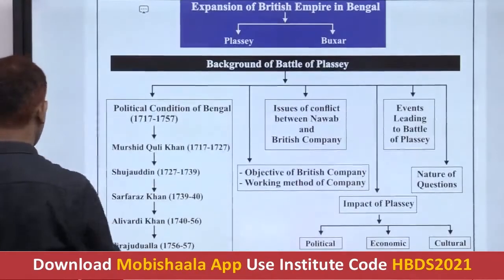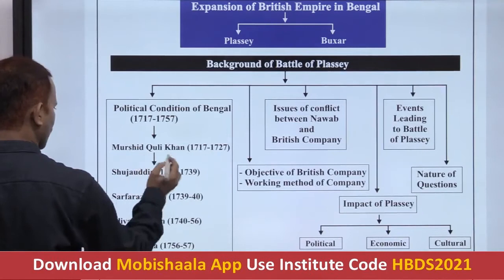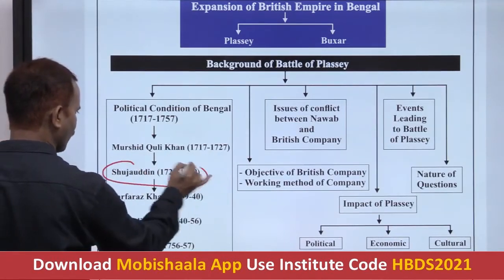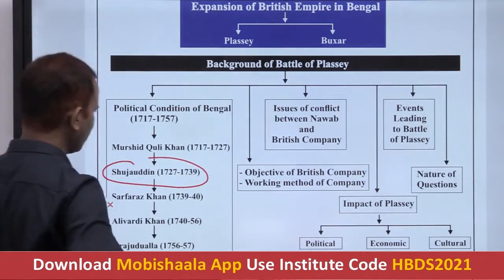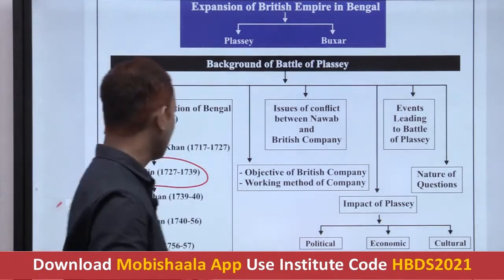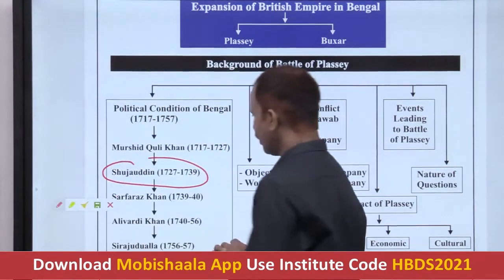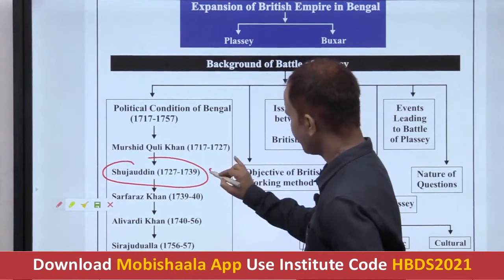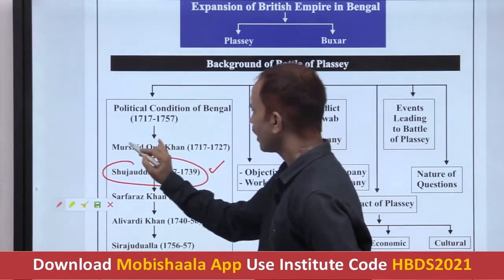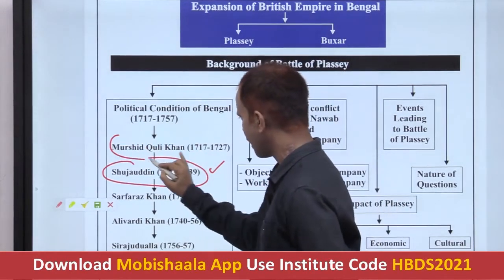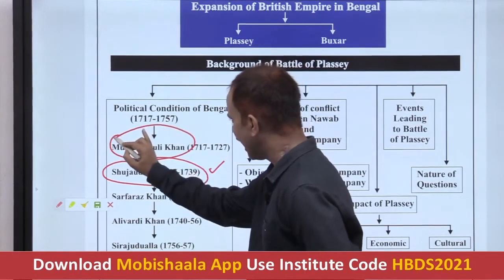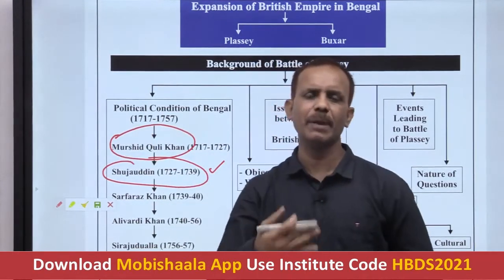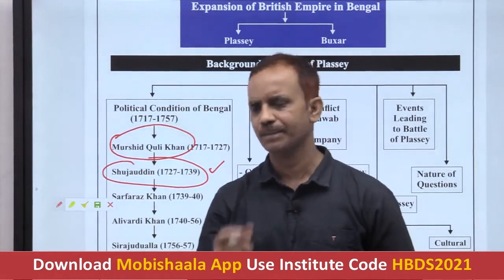See, Sujauddin, who was Nawab of Bengal from 1727 to 1739, was not capable like Murshid Quli Khan, but still he maintained the legacy given by Murshid Quli Khan in his time.